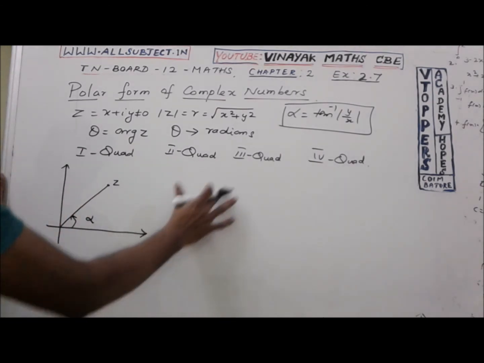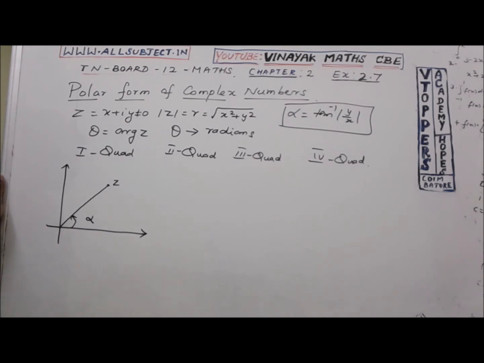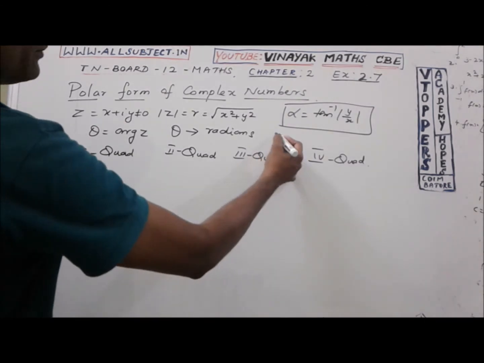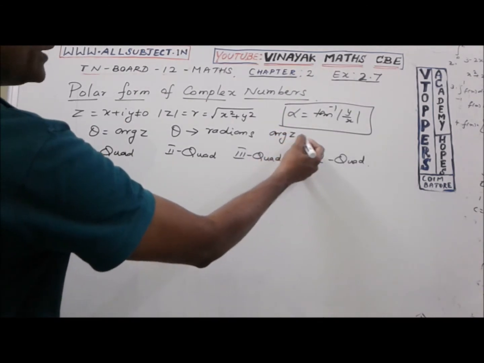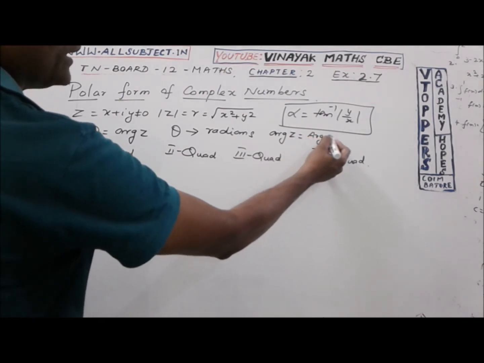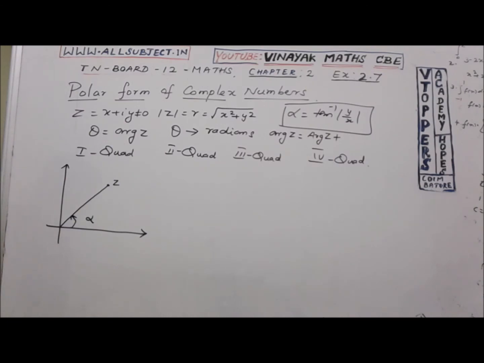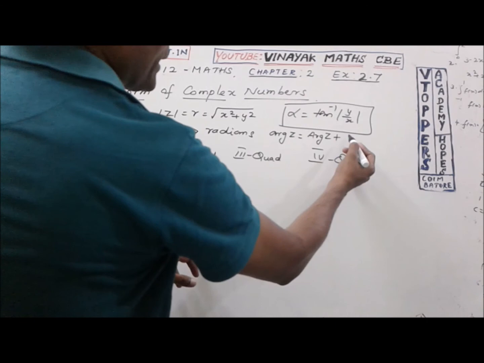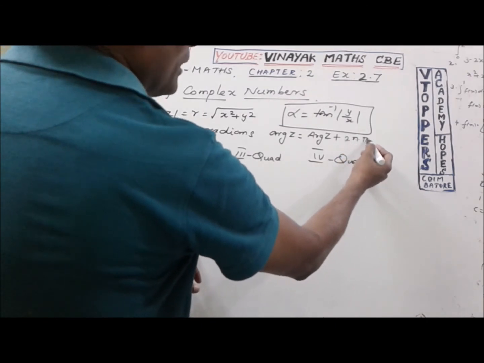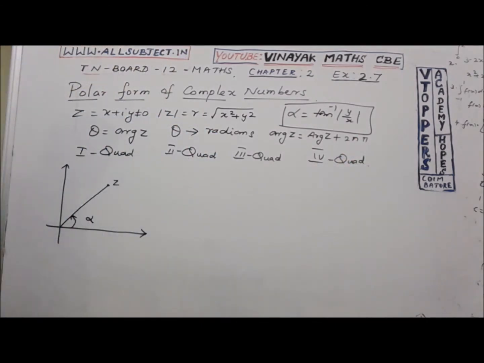I told you that the argument of Z is equal to the principal value plus 2n pi.